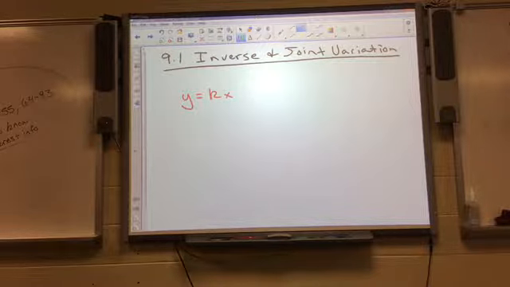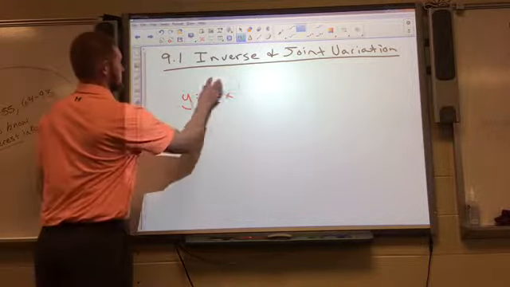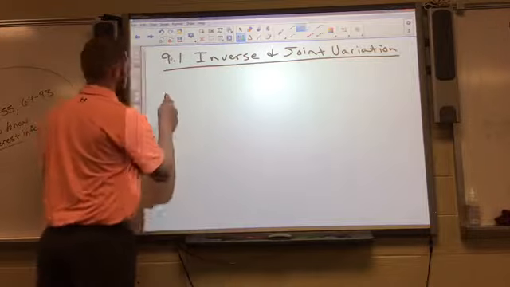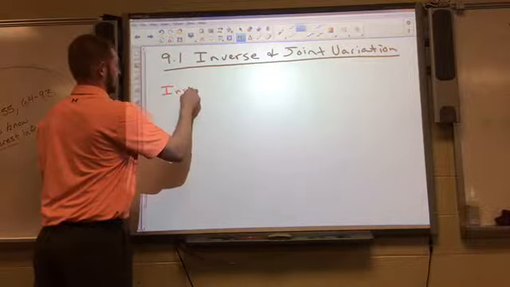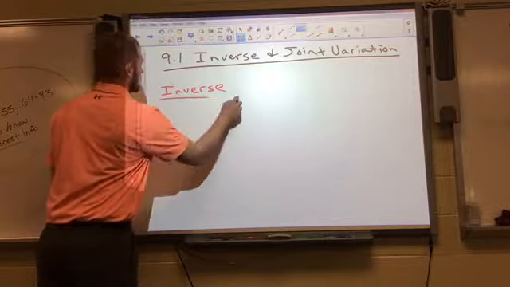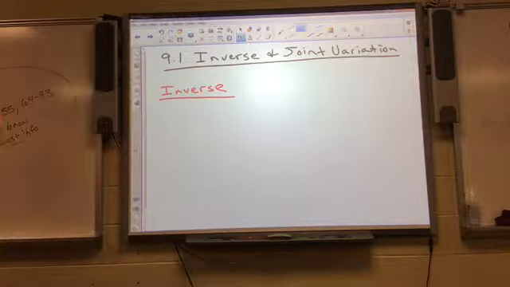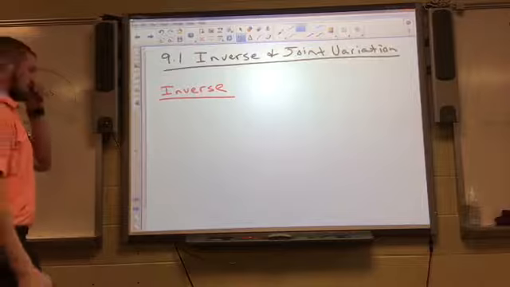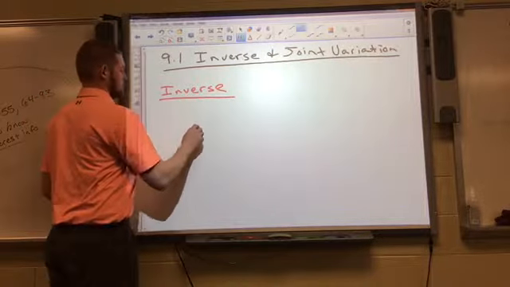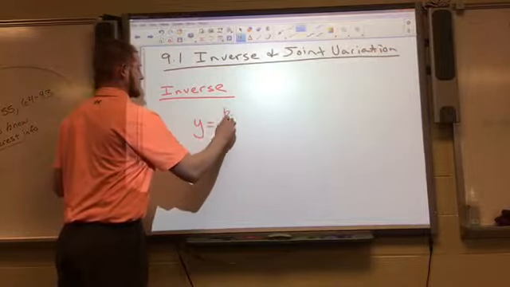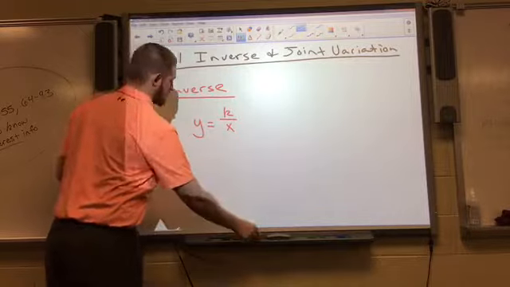Okay, today we are going to start with inverse variation. If they tell you that y varies inversely with x, it's going to be y equals k divided by x.